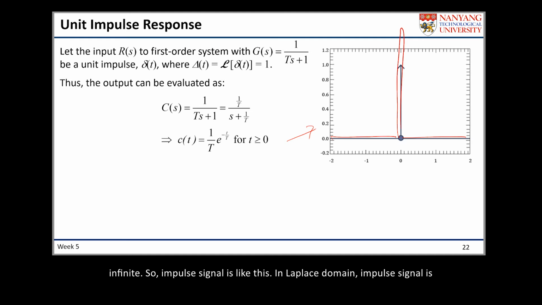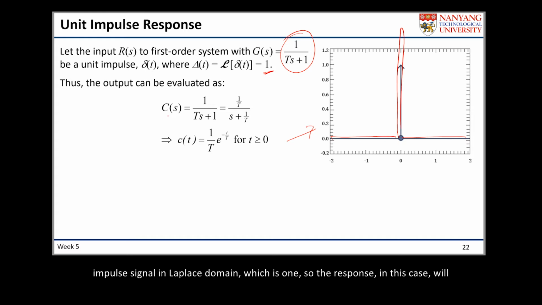In Laplace domain, the impulse signal is equal to 1. So when you want to find the unit impulse response of your first order system, you just have to multiply the transfer function with the impulse signal in Laplace domain, which is 1.